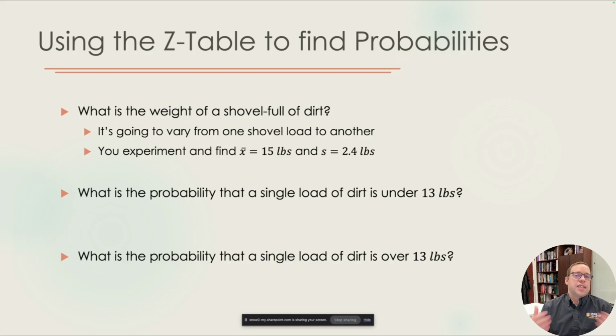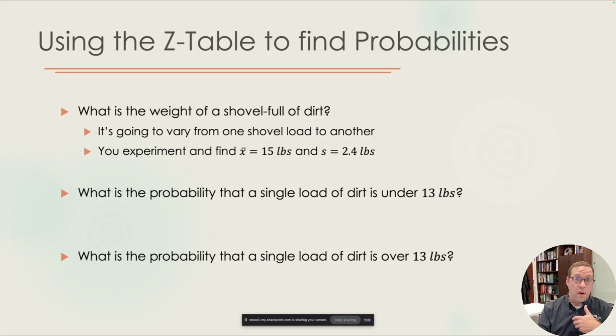Now, this is going to change from one shovel to another, so don't quote me on these numbers. But what we want to know is what's the probability that a single load of dirt is under 13 pounds? And then what's the probability that a single load of dirt is over 13 pounds?